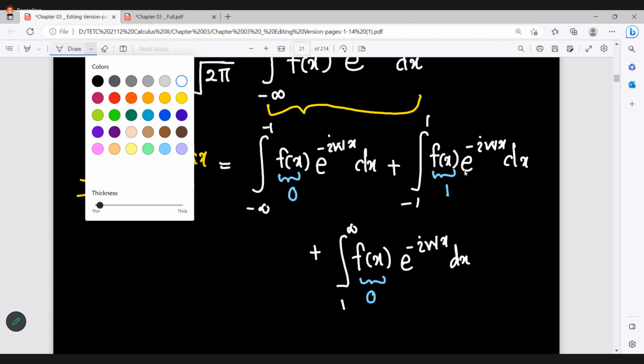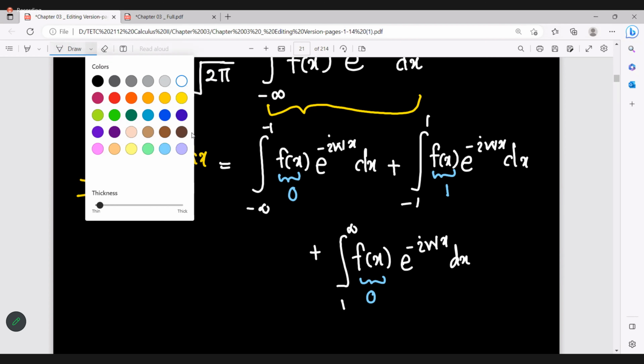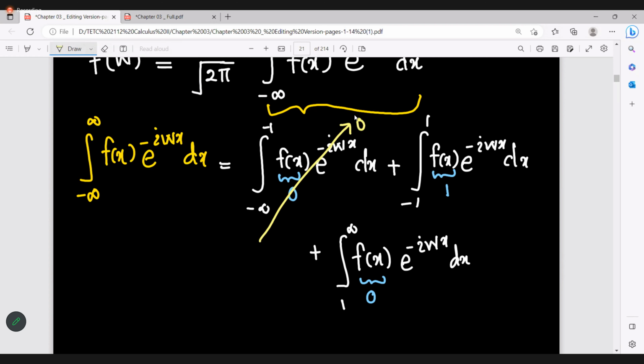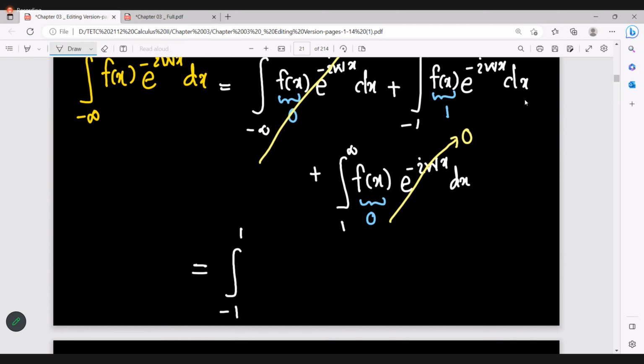So if we integrate 0 with respect to any variable, the entire integration is equals to 0. Similarly, this one is also 0. So the only remaining part for this example is integral minus 1 to 1, 1 times e to the power minus iwx dx.